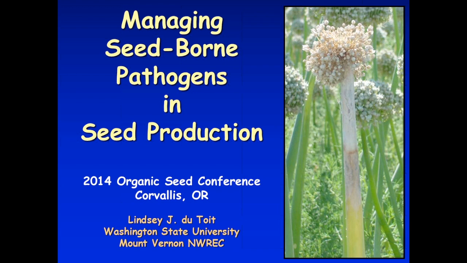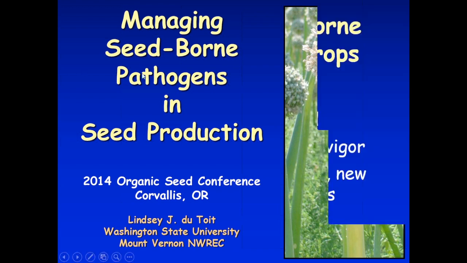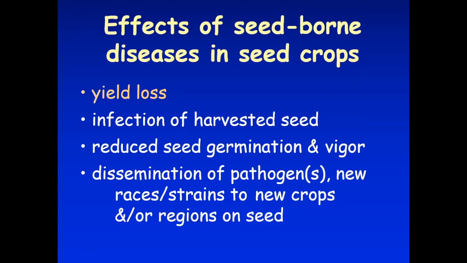Okay, so as Jody mentioned, and obviously you've heard, the impact of seed-borne diseases. In addition to these pathogens potentially affecting the yield that you get out of your seed crop, they can obviously affect the quality of that seed. The seed can be infected if it's a seed-borne pathogen. The seed germination and vigor sometimes can be affected.